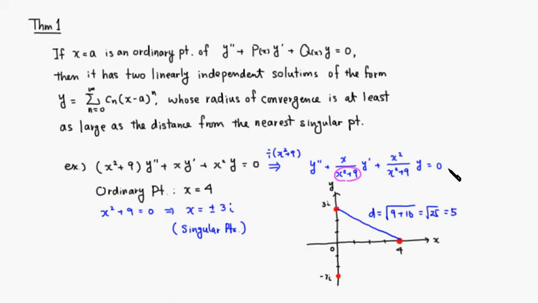So what theorem 1 guarantees is that the radius of convergence r must be as big as the distance between these two points. So it's going to be at least 5. So that's what theorem 1 guarantees: the radius of convergence is at least as big as 5.